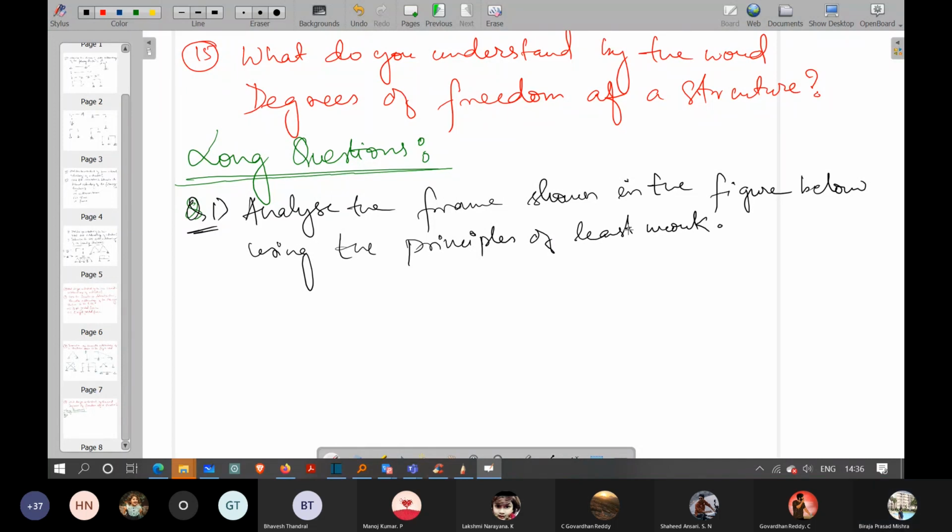Also draw the shear force and bending moment diagram.